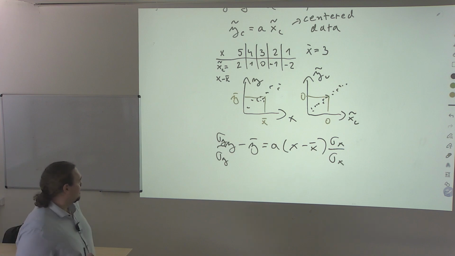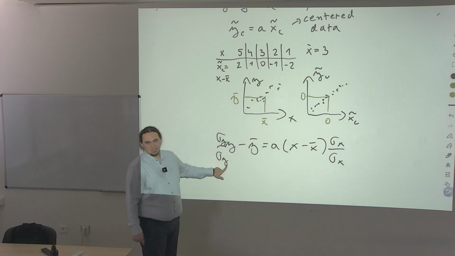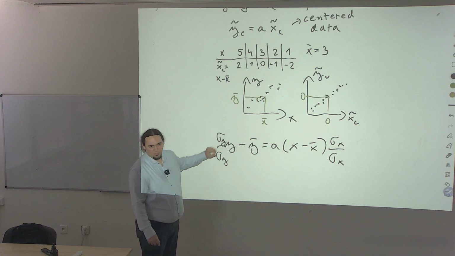What's the first part of y? This one, sigma y divided by sigma y. So it's standard deviation of y, standard deviation of y.